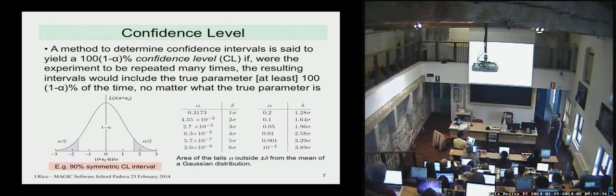What is B? B is the bias. If there is no bias, it's just to make it compatible with the nomenclature that I was defining previously. Actually, this plot is from the Particle Data Group, and I had to put something on top just to use the same nomenclature. And maybe it's wrong because I did it yesterday night, but I don't think so.